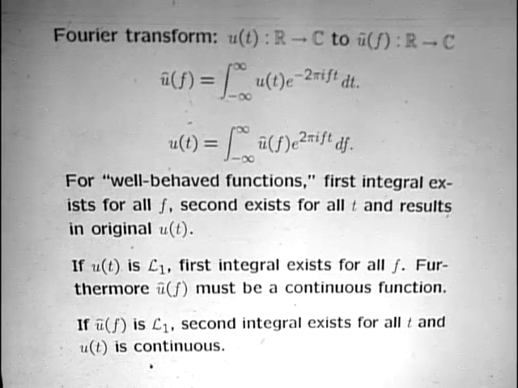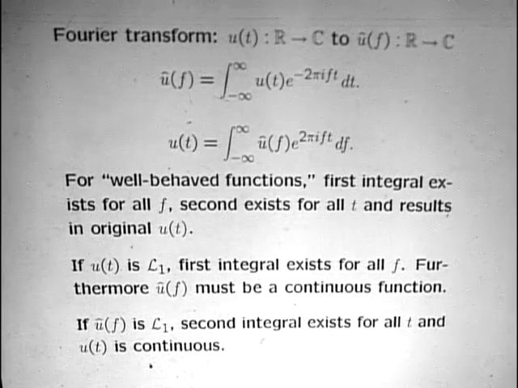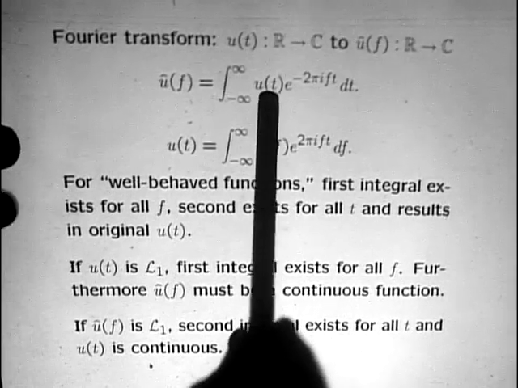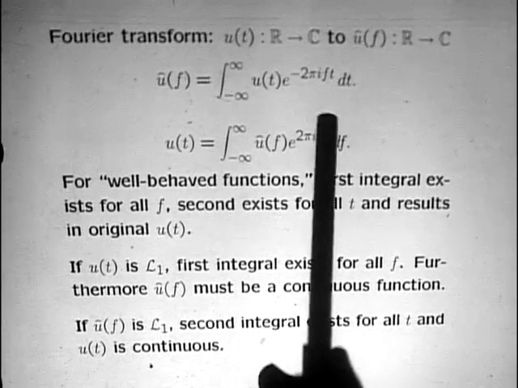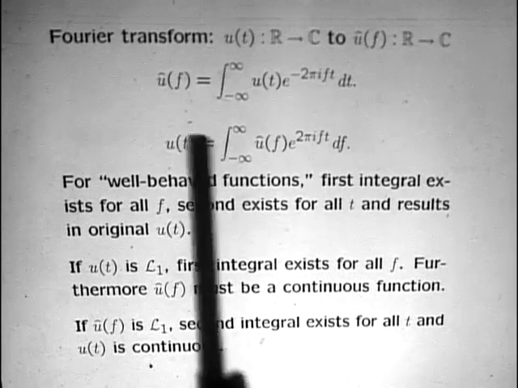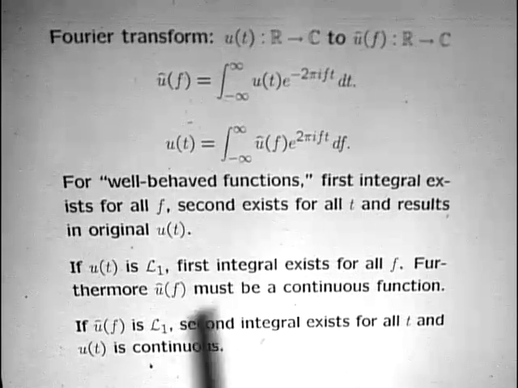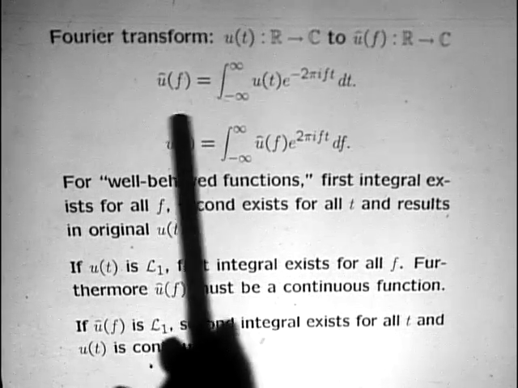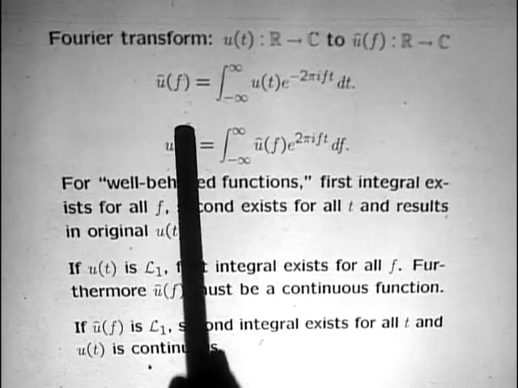So this transform here is the integral from minus infinity to infinity of the original function we start with, u of t, times e to the minus 2 pi i ft dt. Now, what's the nice part about this? The nice part about this is that if u of t is L1, then in fact this Fourier transform has to exist everywhere.